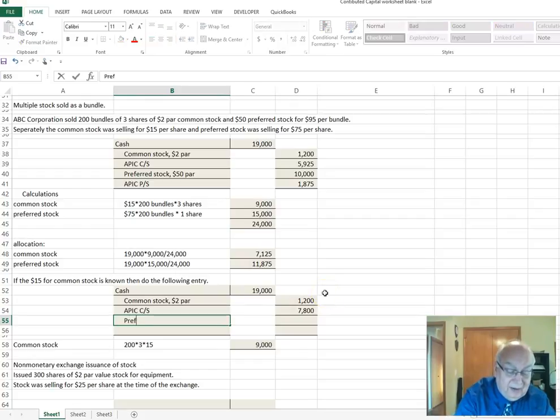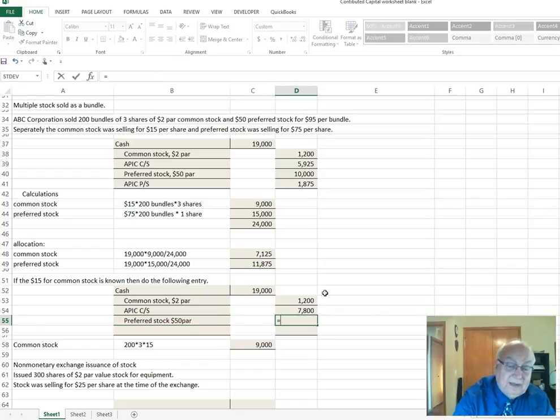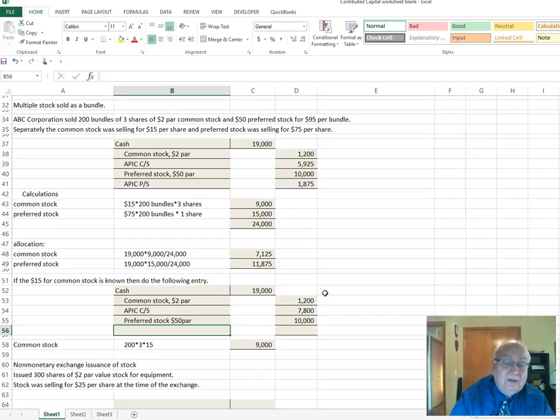And then we have preferred stock, $50 par. That's equal to the 200 times the 50 times the 1, or 10,000.